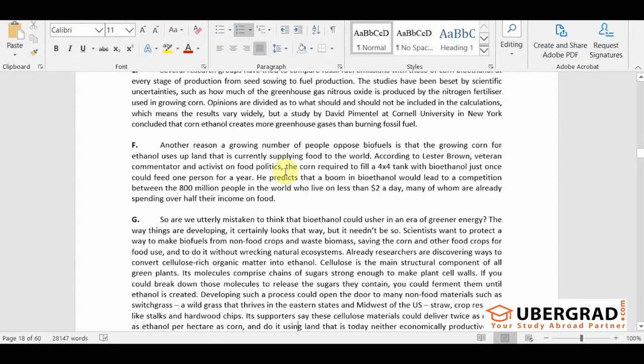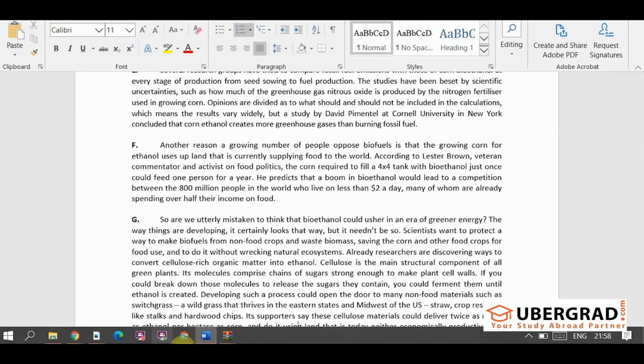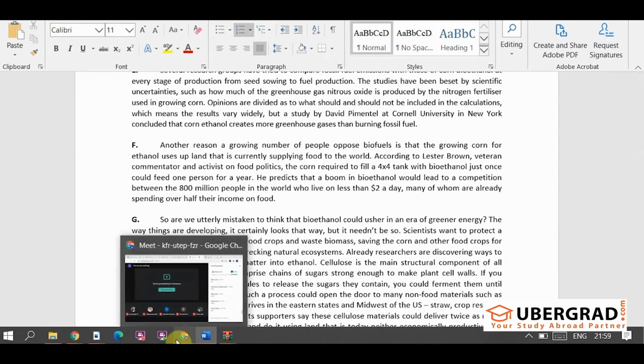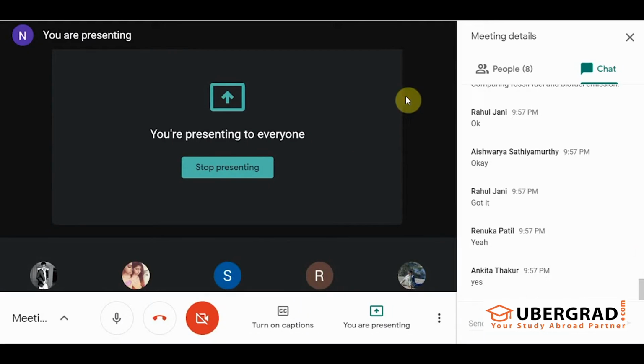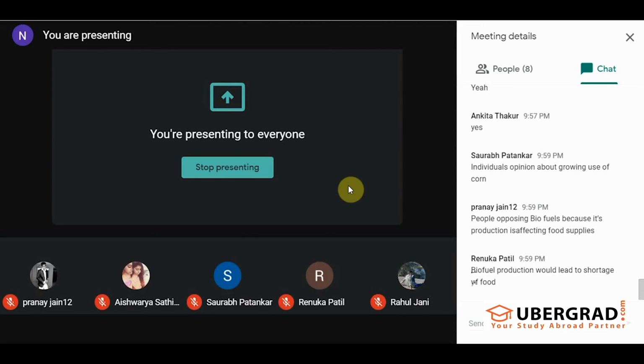So what is paragraph F? So paragraph F is talking about what will happen if the production of bioethanol increases, right? The impact of increase in the biofuel production. Individuals' opinion about growing use of corn.